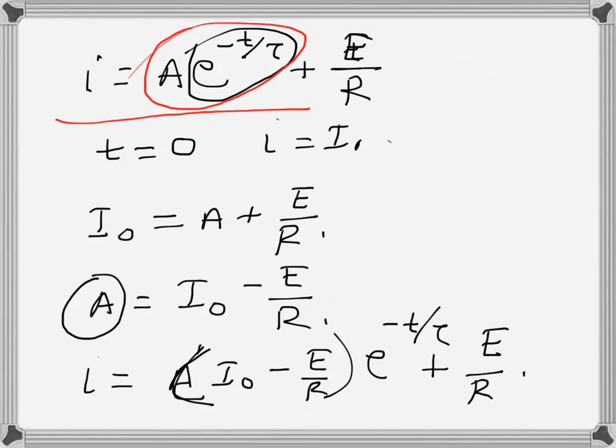Depending on the circuit, the steady state part will vary. It can be a steady value, it can be 0 as well. Maybe I will do this for another switch condition, because I don't want to make this video too long.